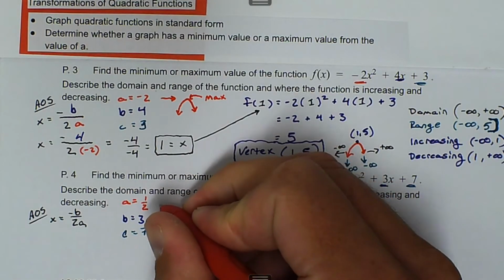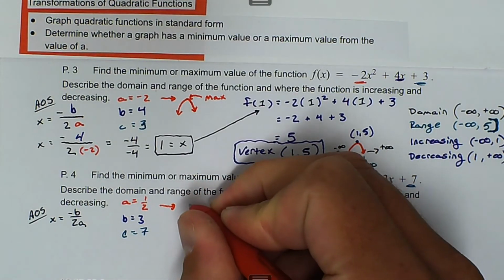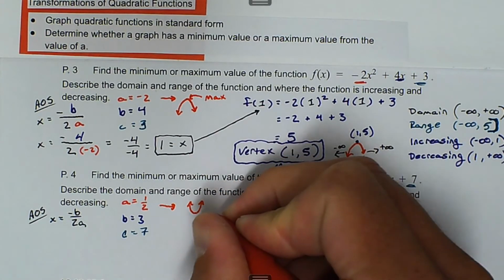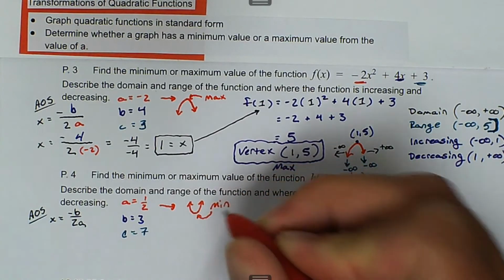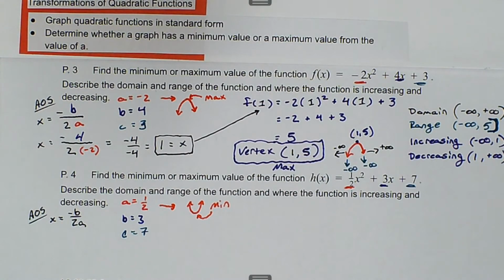So because the a value is equal to 1/2, we know that we're going to have a graph that opens up because it's positive. And that means that we are going to have a minimum or a low point. So if we think about that like a lake or a glass, there's going to be definitely a bottom to it, and it's going to continue up because the a value is positive.